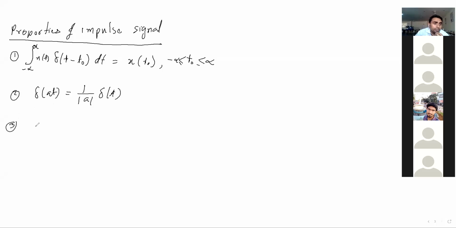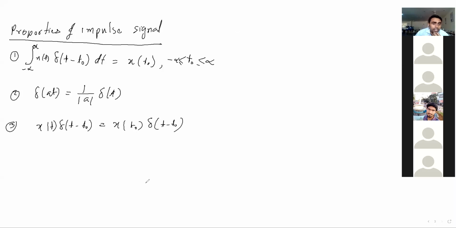The third property is x(t) δ(t - t0) = x(t0) δ(t - t0).